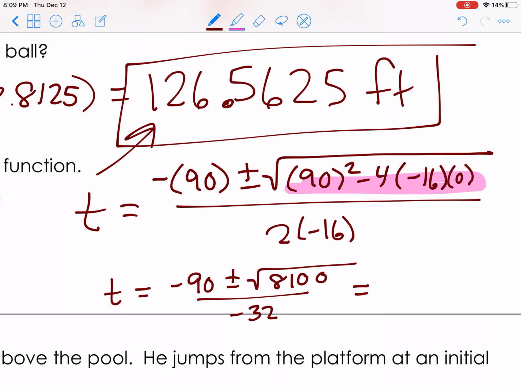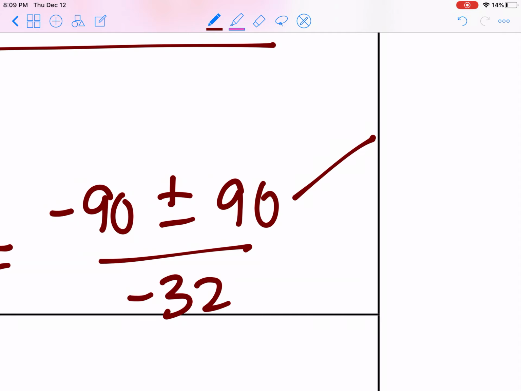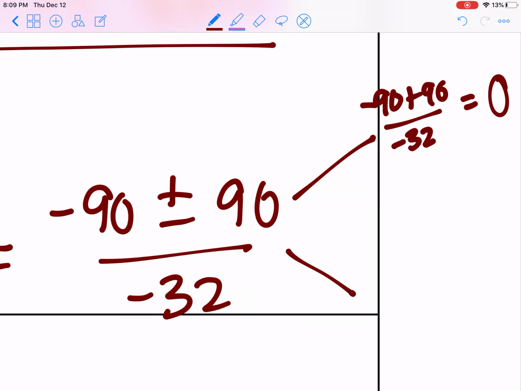Now, the square root of 8100 is 90. So for this one, we're going to have negative 90 plus or minus 90 over negative 32. All the numbers have gone away, so now we have two situations, and I'm going to expand this. One situation is negative 90 plus 90 over negative 32, and negative 90 plus 90 is 0, and 0 divided by negative 32 is 0.